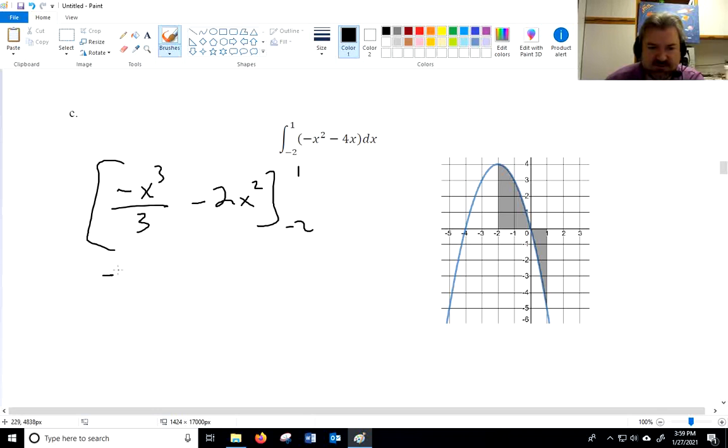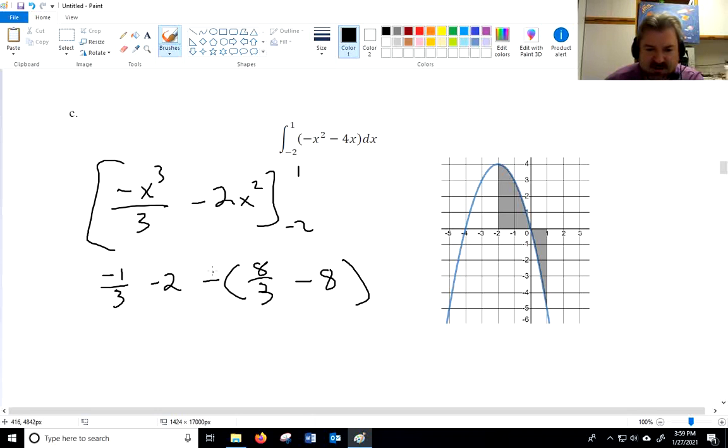So plugging in the 1 gives me negative 1 over 3 minus 2. Minus, now I'll plug in the negative 2. I get negative 2 cubed is negative 8, but times the negative makes it a positive 8 thirds. Then minus, negative 2 squared is 4, so 4 times 2 is just 8.